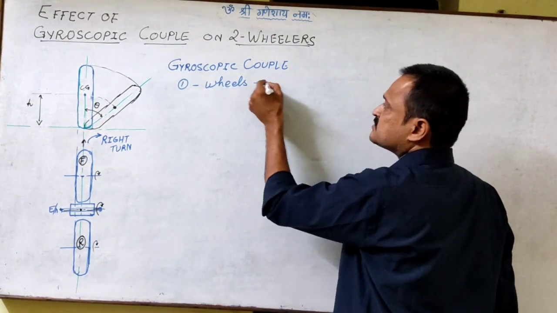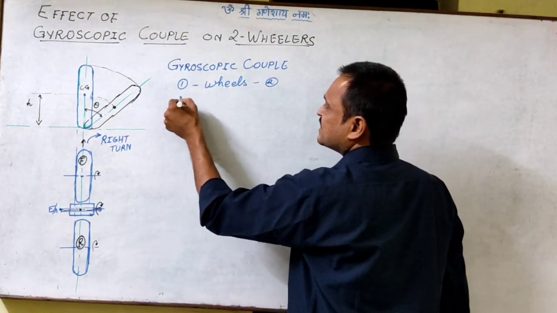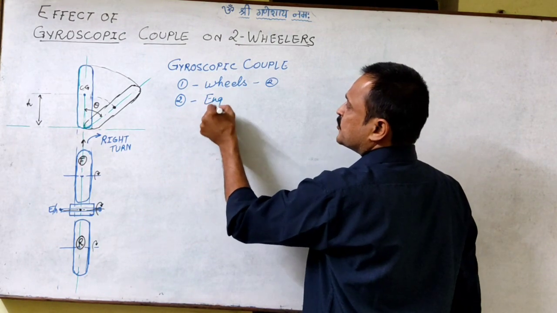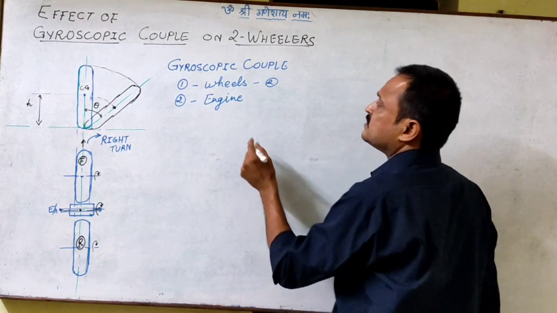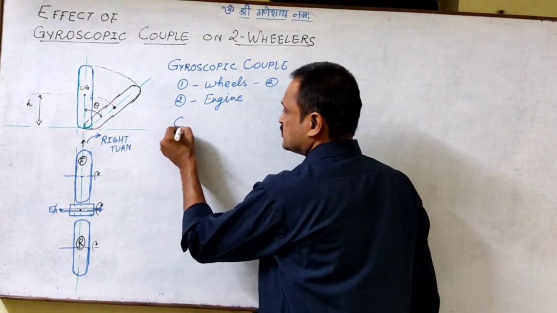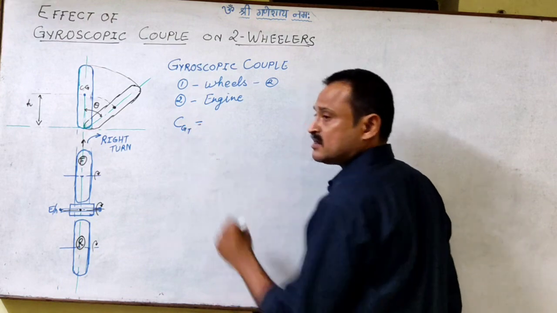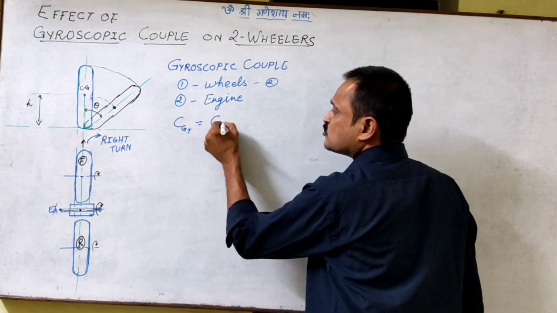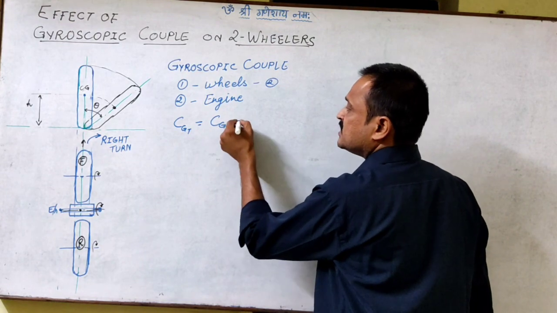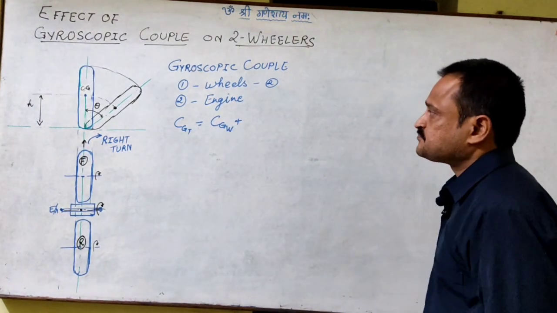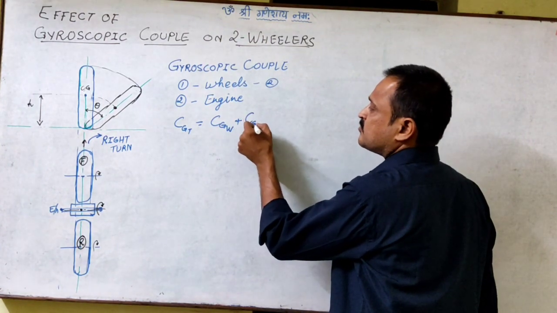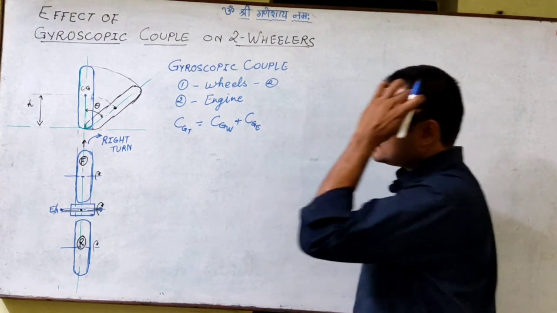It is a two-wheeler, so there will be two wheels, and second, the gyroscopic couple due to the engine and rotating parts. That means the total gyroscopic couple will be the gyroscopic couple due to the wheels, right, plus the gyroscopic couple due to the engine, right?